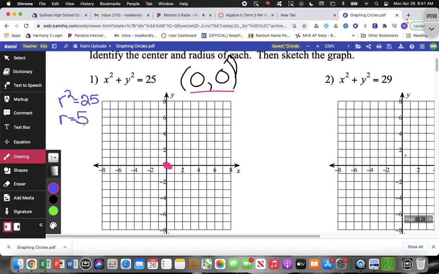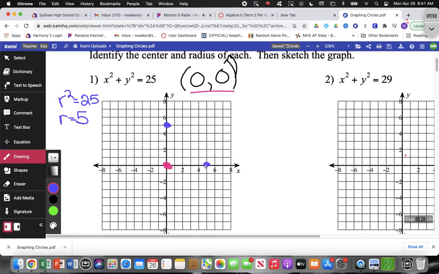The radius is the distance all the way around from the center. So this is a really good way to make some baseline points. Whatever the radius is, start from your center and then go up 5, since that's my radius, and make a dot. But it's also going to be the same distance to the left and to the right.